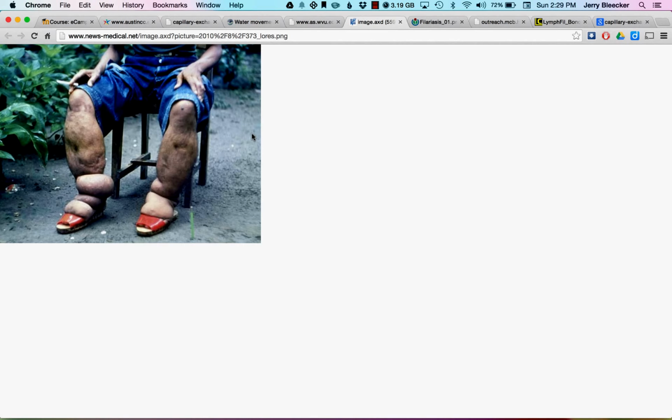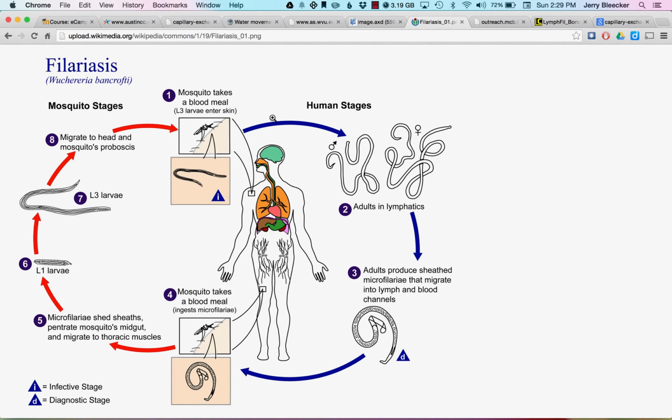Now, the reason I'm showing this picture is that if the lymphatic vessels don't do their work, the tissues can't drain of fluid. So this is an extreme example. Filariasis is this little worm here that bites you, and the adult worm gets into your lymphatic system and plugs the lymphatic ducts.